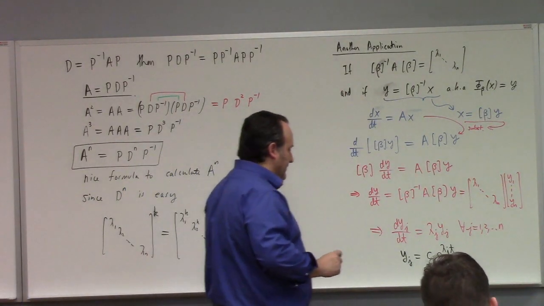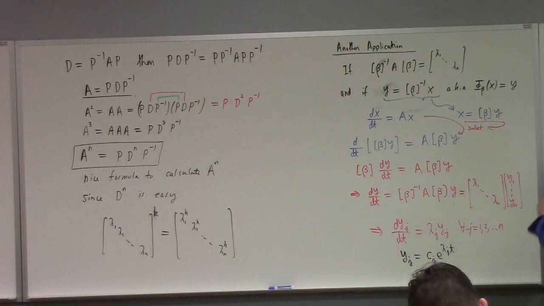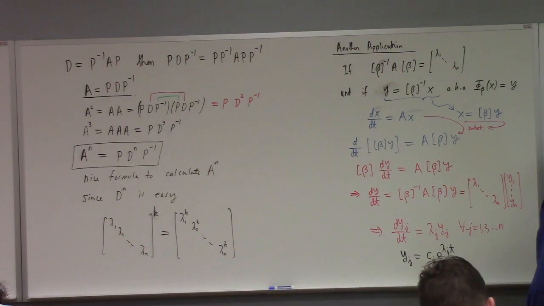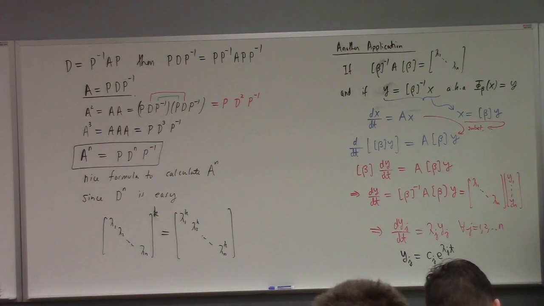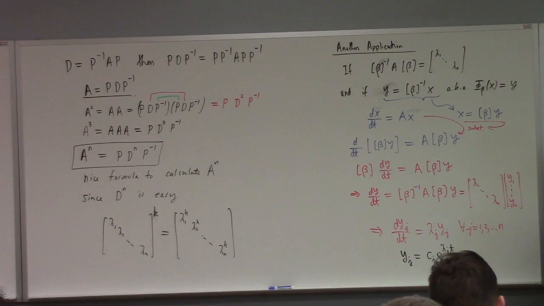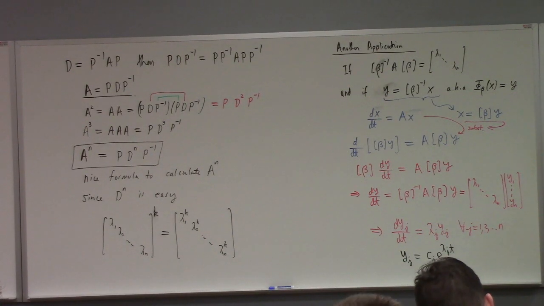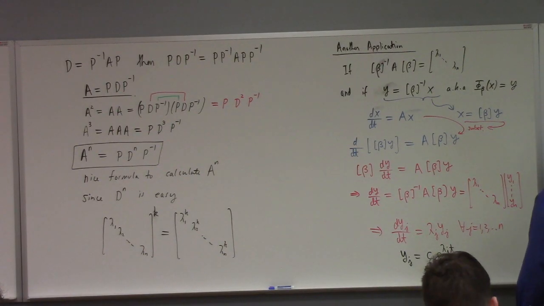So in summary, we get y equal to c1 e to the lambda 1 t, down to cn e to the lambda n t, right? And then what was x?